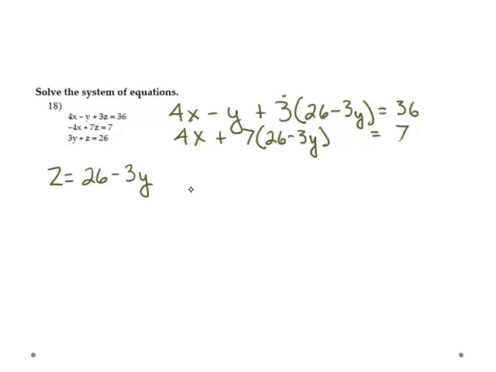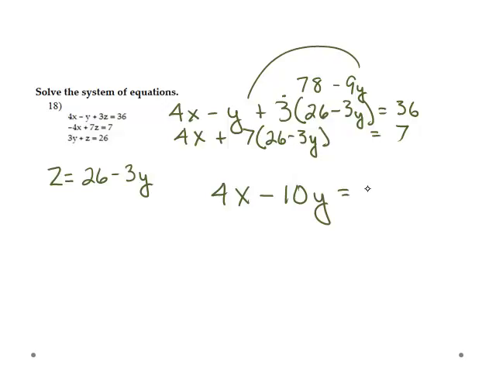Multiply out the first one. This makes 78 minus 9y minus another y: 4x minus 10y equals 36 minus 78, which is negative 42. Multiply out the second equation.